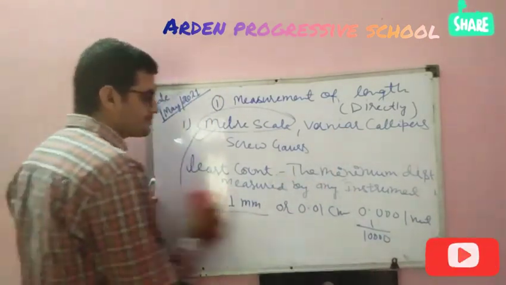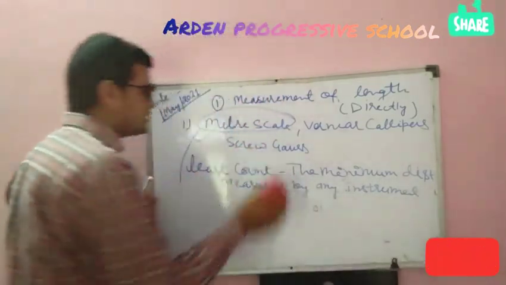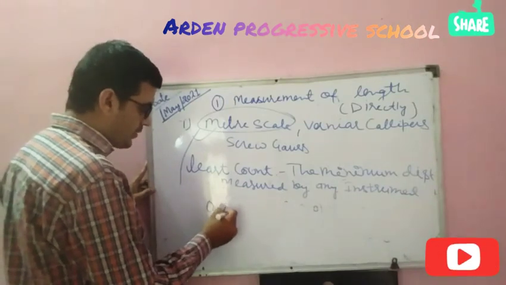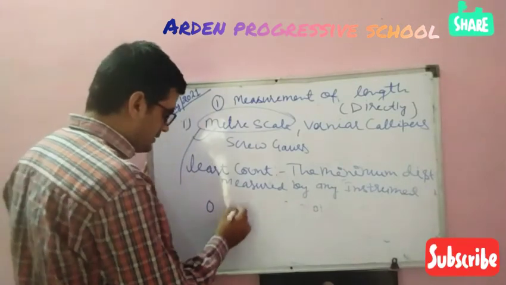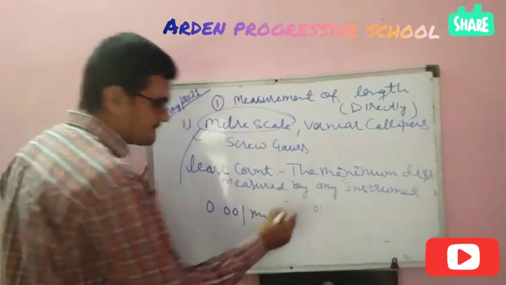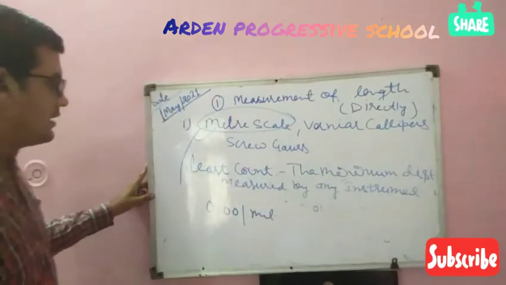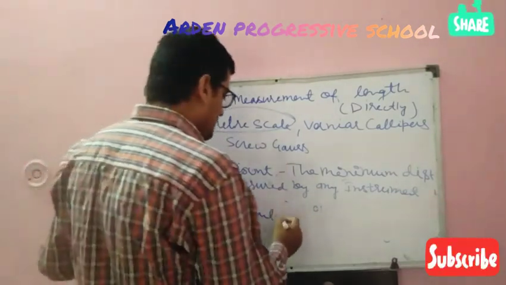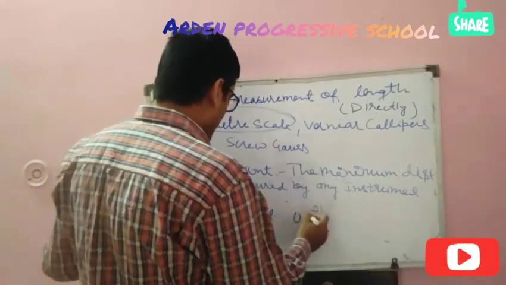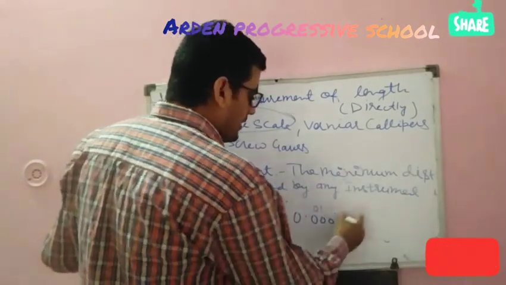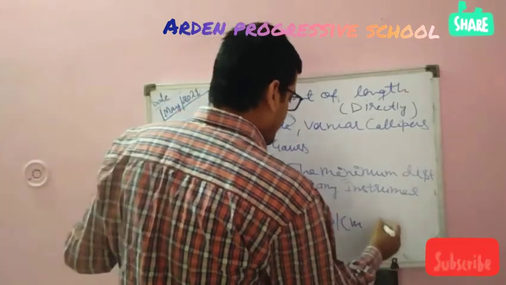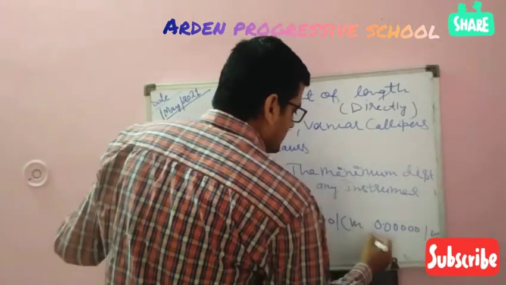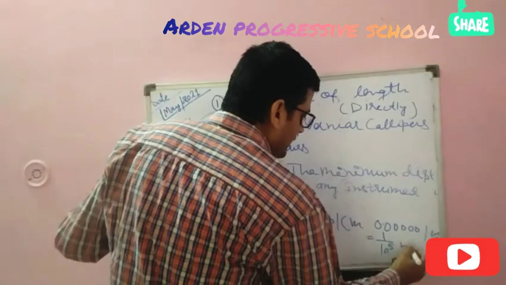So similarly, next one is screw gauge. The least count of screw gauge is 0.001 millimeter. Okay, this is the least count of screw gauge. What is the meaning of this? 0.0001 centimeter, meaning 0.00001 meter, meaning 1 upon 10 to the power 5 meter.